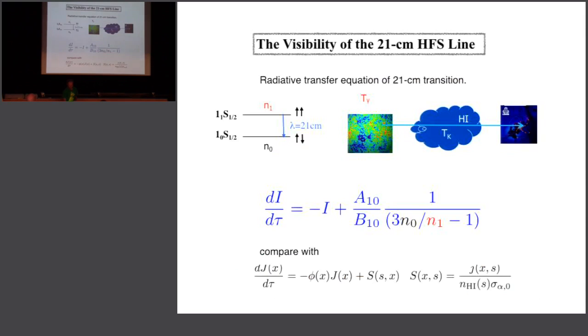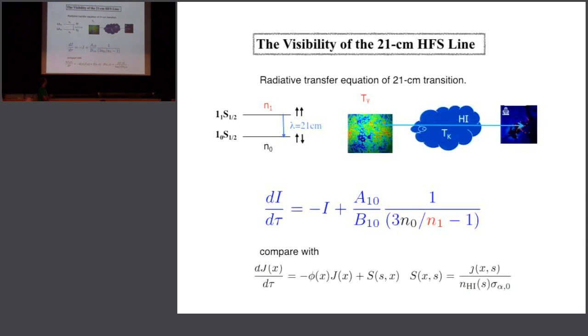Right, so I'm just going to briefly go over the physics and radiative transfer of this particular transition. Again, the 21 centimeter transition corresponds to the energy difference between these two states of the ground state of atomic hydrogen. And the idea is that if you have a gas cloud of hydrogen sitting at some very high redshift, let's say redshift 20, cosmic microwave background photons will have to propagate through this cloud, right?